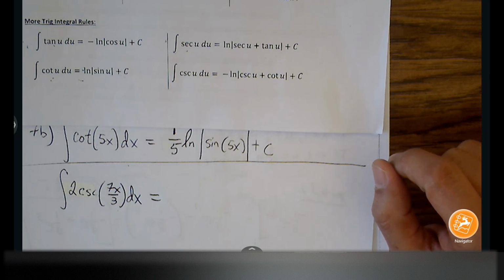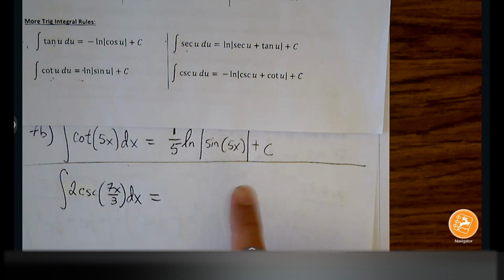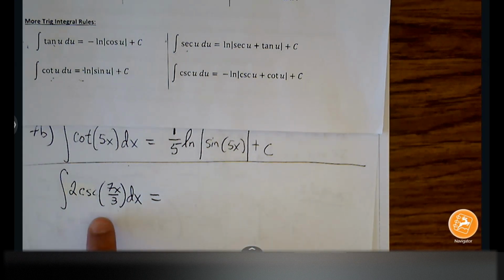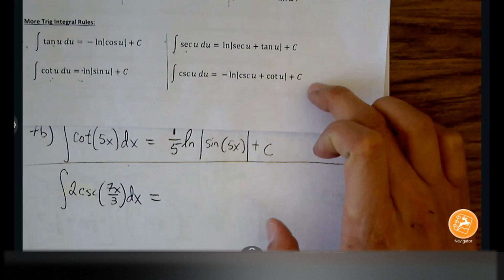Anybody want to finish that? Because yeah, that's the hard part. The hard part is understanding that there's going to be a 3/7, but how would you write your answer then?